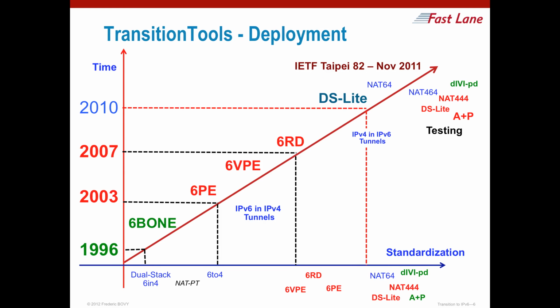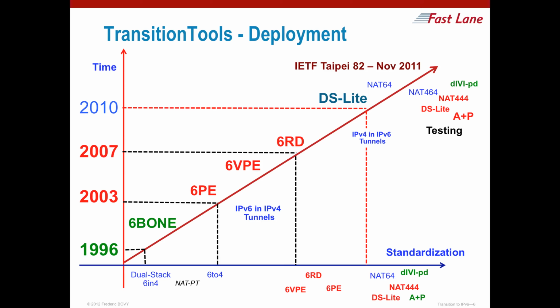So if we look at the transition deployment for service providers, the 6-bone was not really for service providers, it was a test bed for testing IPv6. It was built with static tunnels over an IPv4 backbone, and it was not really scalable for service providers.